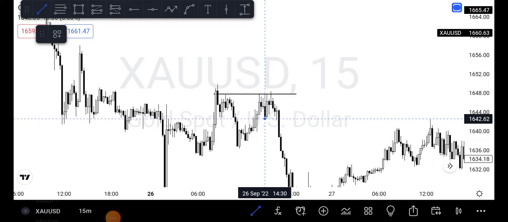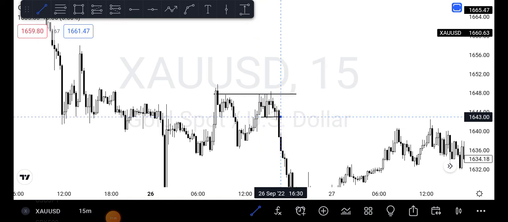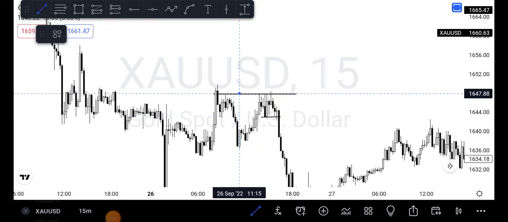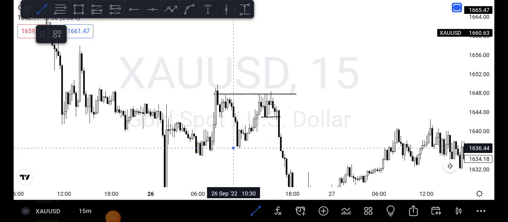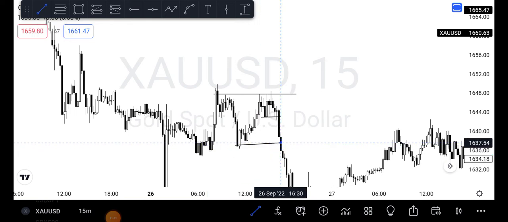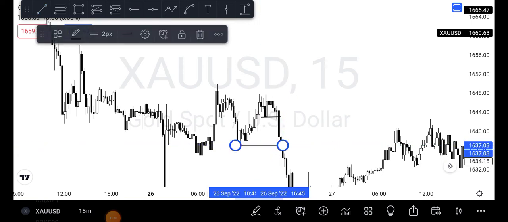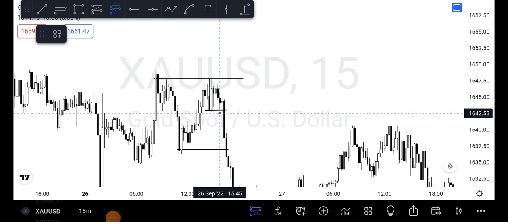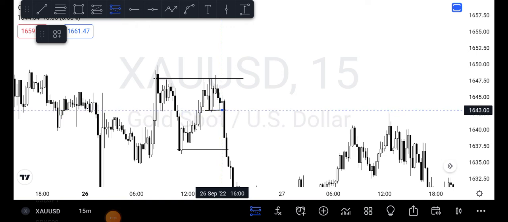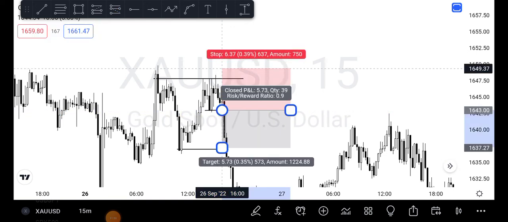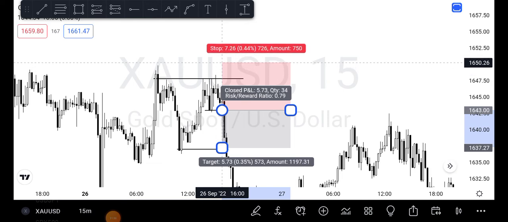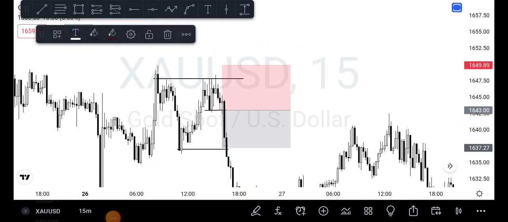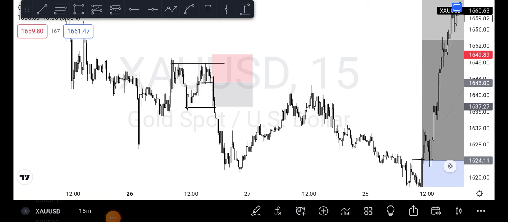I can consider this as a previous low this time because I'm talking about resistance. Depending on how responsive you are to the market, you can take a trade at this low that I just broke. You see there's a low there. You put your stop loss just above the resistance line and you target lower.